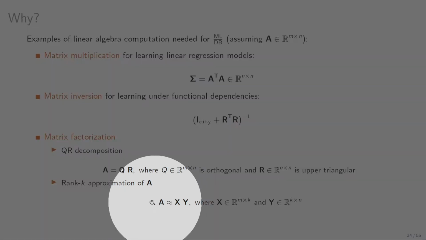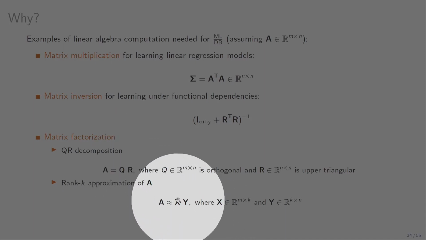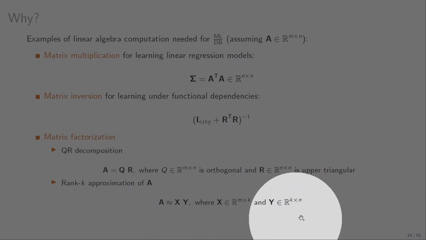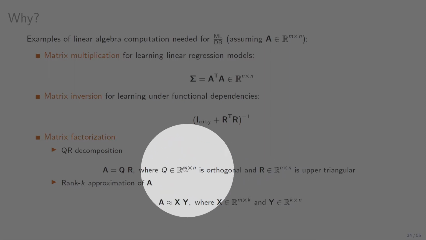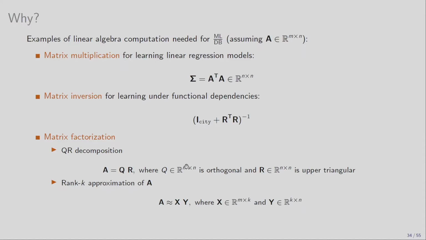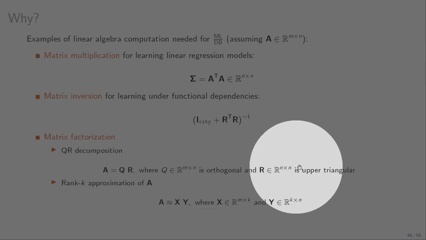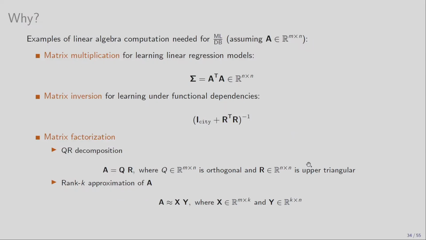Effectively, the message is that in both cases, we can do something interesting. We can compute R, and here we can compute Y, for instance, which would not depend on M, the size of A, the number of rows in A, which is considered to be very large. Both Y and R can be computed without having to materialize A. I will focus only on this QR decomposition, where Q is an orthogonal matrix, and this does depend on the size of A, but in most cases you don't really need it.